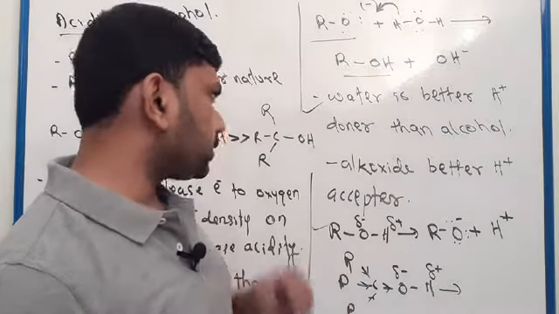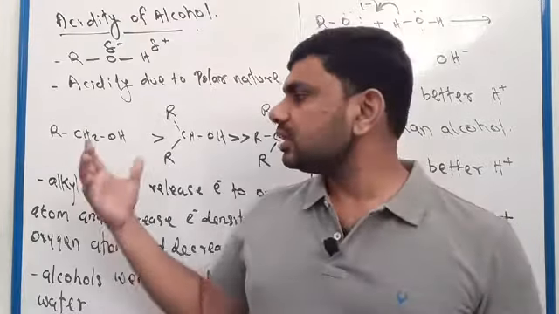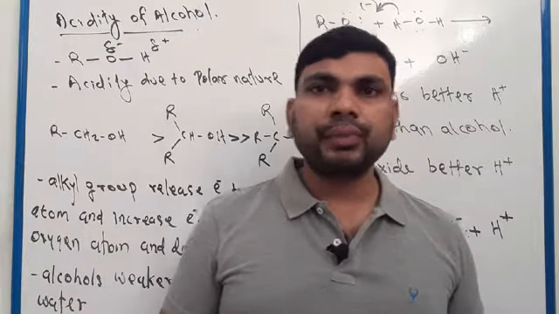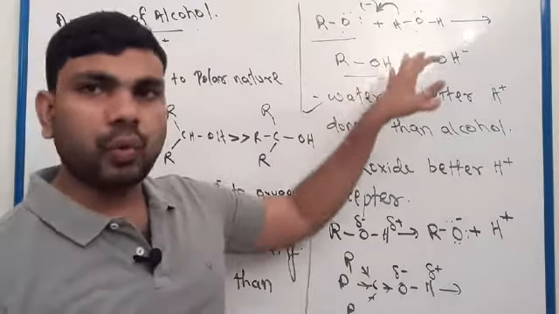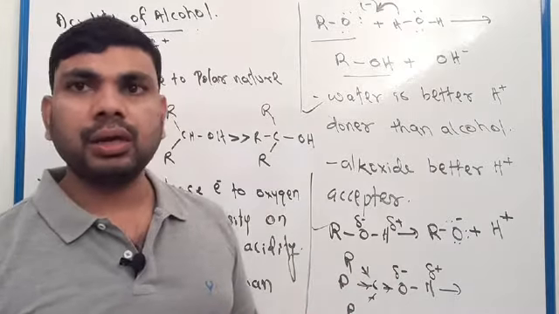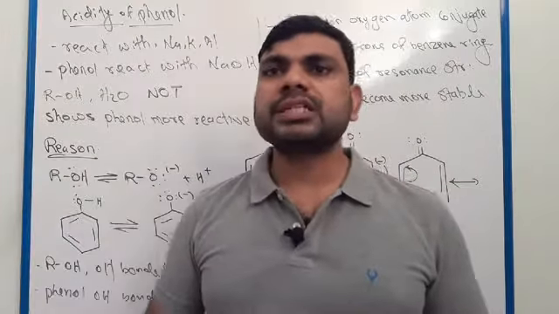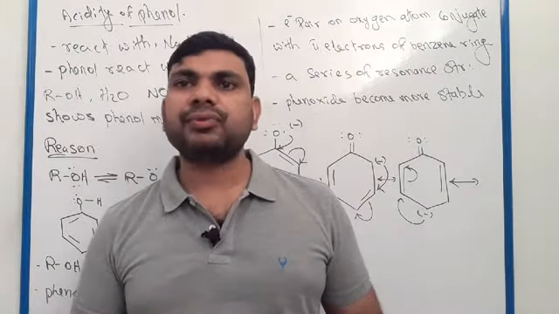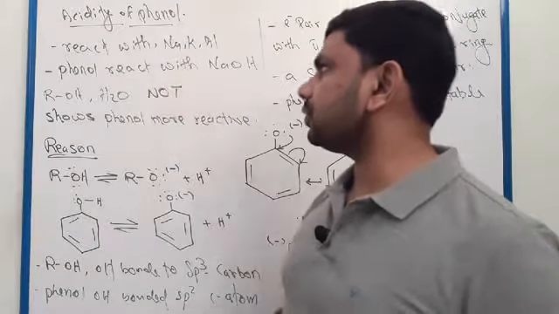These are the things we have to discuss here: acidity of alcohol, and comparing the acidity of alcohol and water. So water is more acidic than alcohol. Clear? The next one we have to discuss is the acidity of phenol.